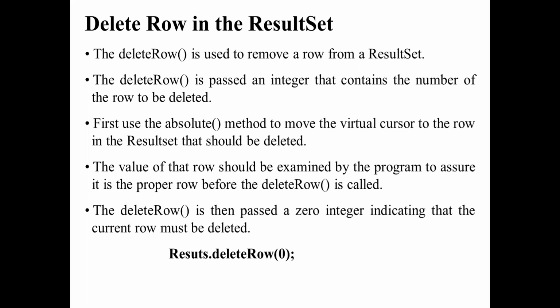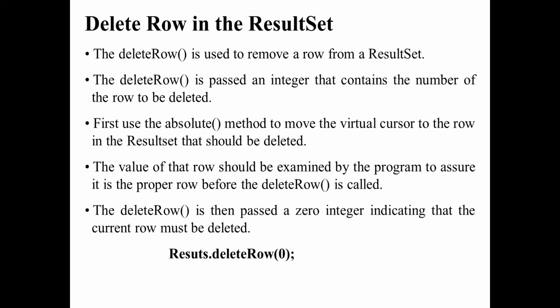The value of the row should be examined by the program to assure it is the proper row before the row is deleted. For deleteRow, we can pass the integer zero, which indicates that the current row must be deleted.